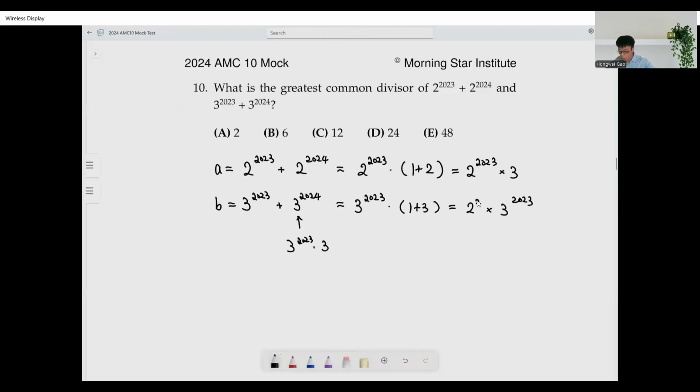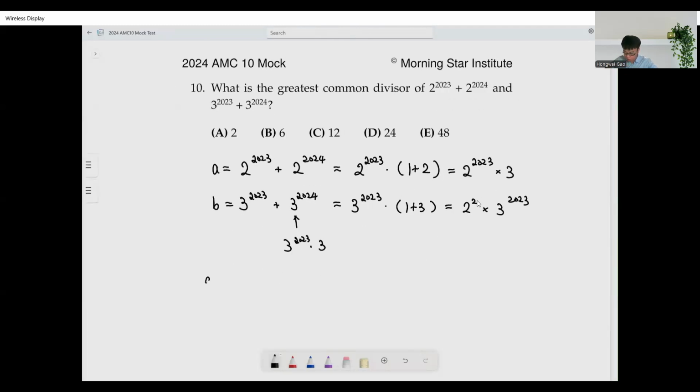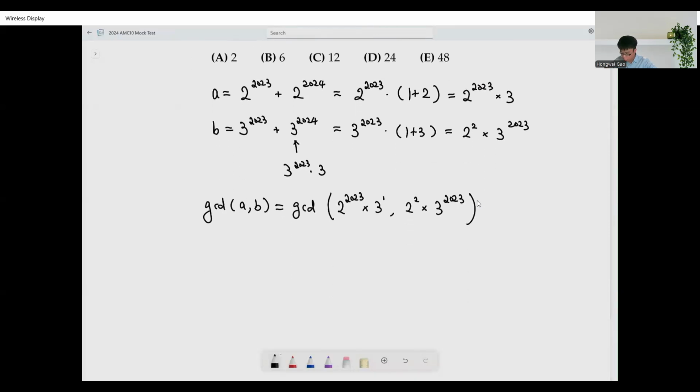In this way, we can easily find their GCD. GCD of A, B is GCD of 2 to the 2023 times 3, which is just 3 to the first power, and 2 squared times 3 to the 2023. So in order to find a GCD, we consider the greatest common factor for each prime factor.